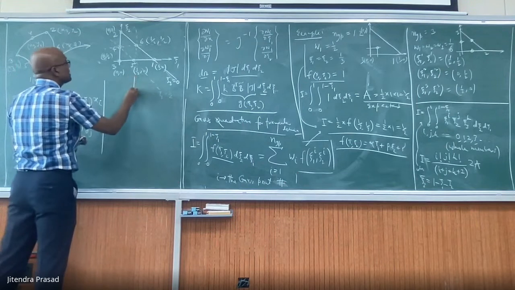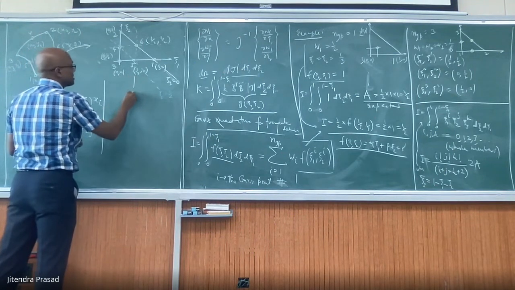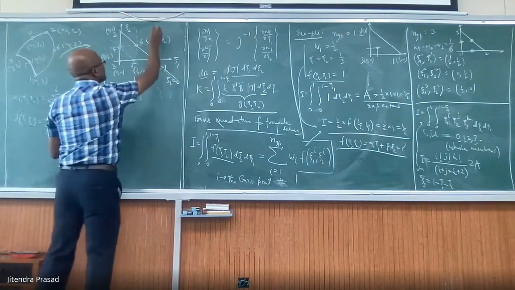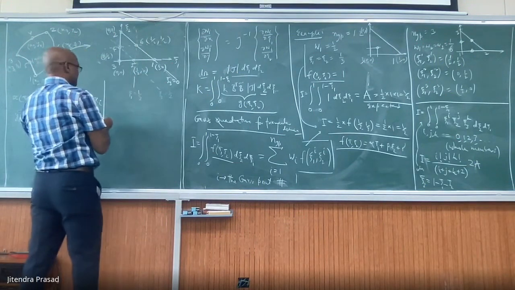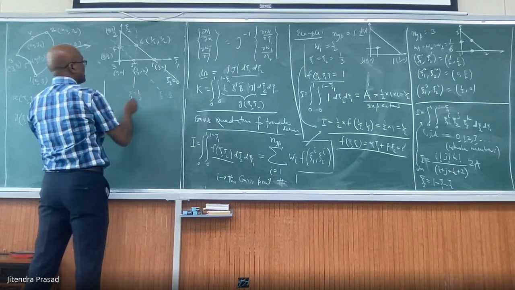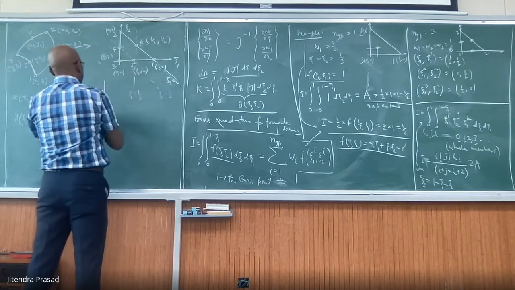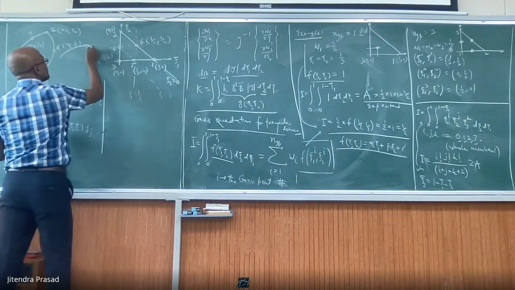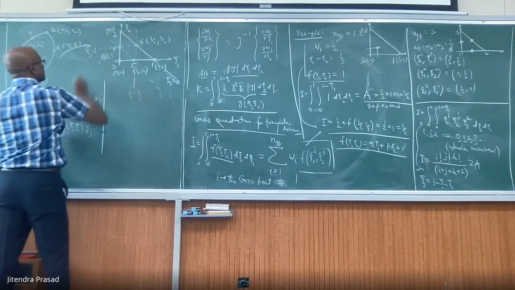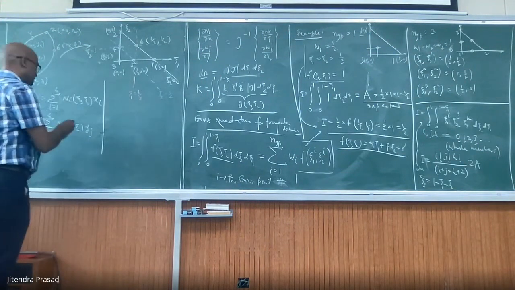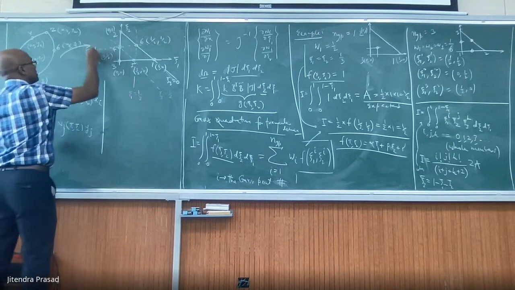So this one is xi1 equal to half. And this yellow one is xi2 equal to half.